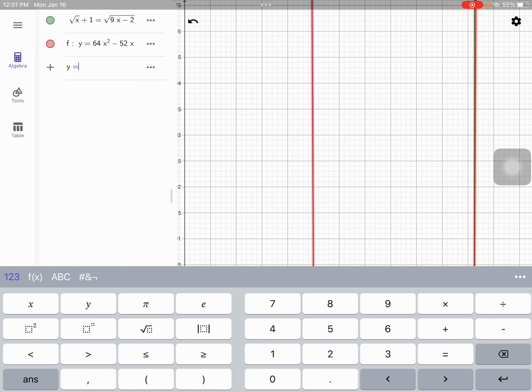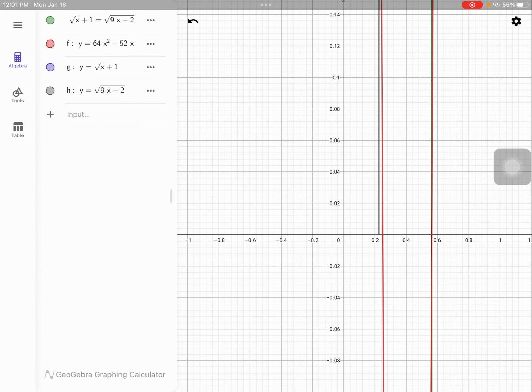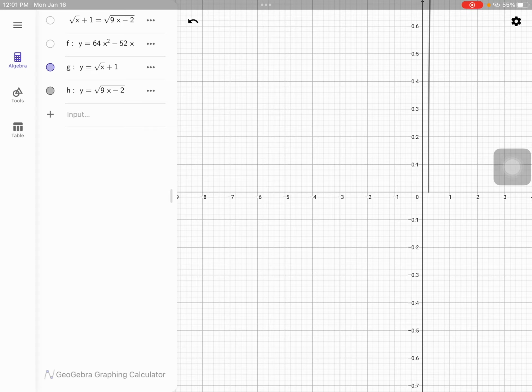Say y is equal to the square root of x, and then add to that 1. And then the other side was y is equal to the square root of 9x minus 2. And what do we get here? Put those guys up for a moment.